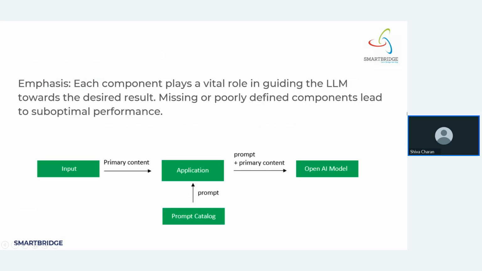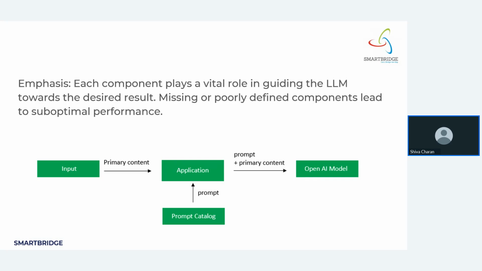And you can see here the exact workflow logic is defined over here. What is the emphasis here? Each component plays a vital role in guiding the LLM towards the desired result. Missing or poorly defined components lead to suboptimal performance. The term is very important.